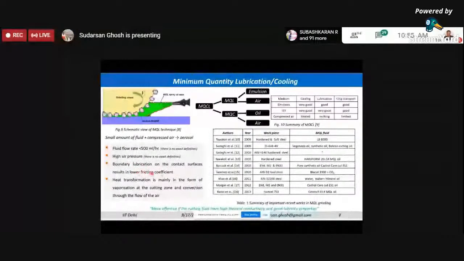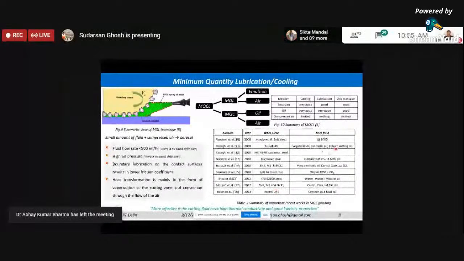And not only that, the heat transfer also can be improved. And majorly the heat transfer happens in the form of vaporization at the cutting zone, and it is majorly due to the convection process.